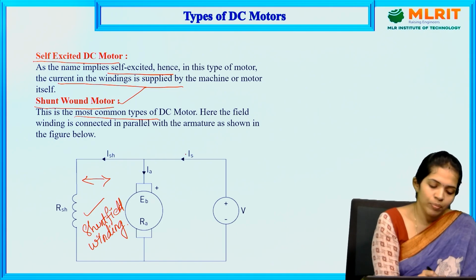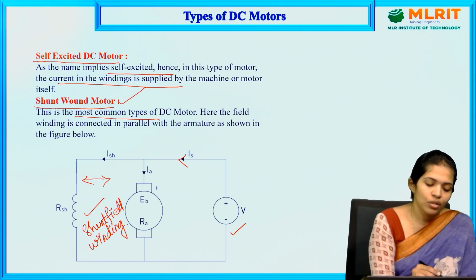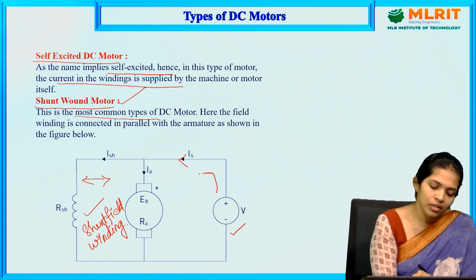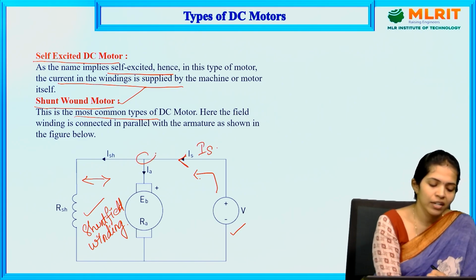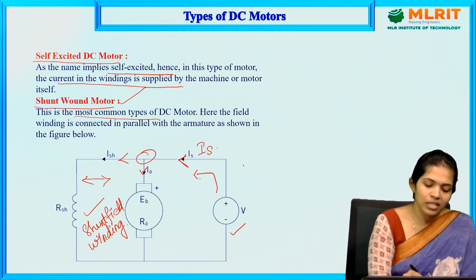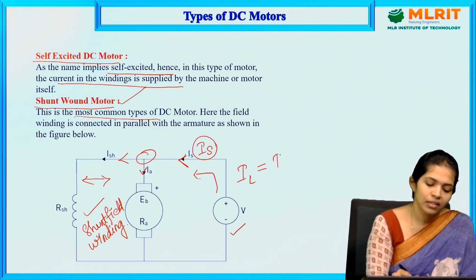Here you can see a DC excitation is given to the armature conductors with the help of a DC supply. This supply will drive a source current IS. This current will get divided into this branch and this branch. We can also call IS the line current.